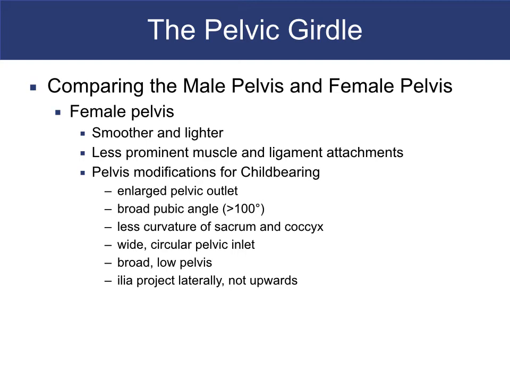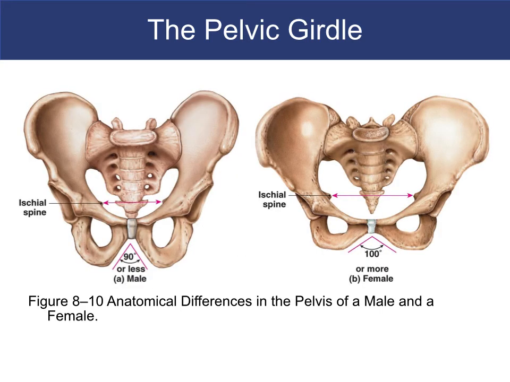They just kind of go down. The ilia, these wings in men kind of go up, and in women they kind of lay out. So once again, here's the comparison slide, which is quite helpful. This is the male on this side, this is the female on this side.